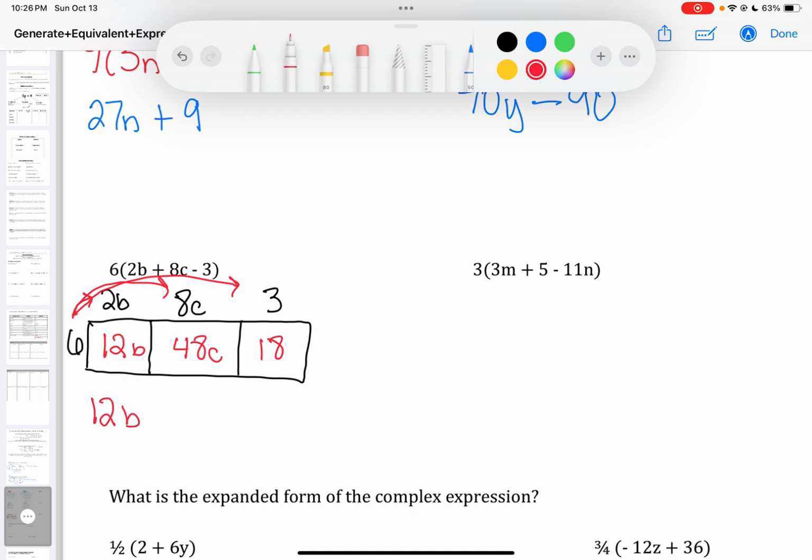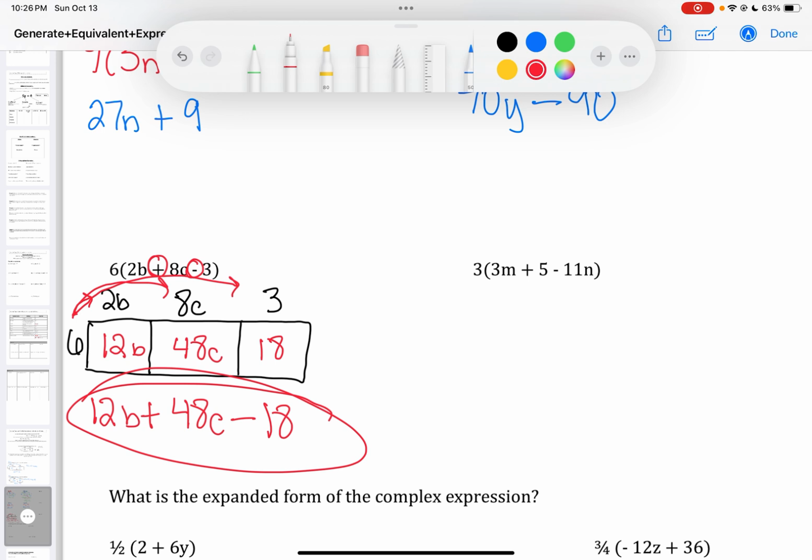And there's a plus sign here, so I'm going to keep the plus sign, plus 48c. And since there's a subtraction sign here, I'm going to add a subtraction sign and then my third number. So there's 3 terms in the parentheses, and we end up with 3 terms that have been multiplied by that outside number. So let's do the same thing here.